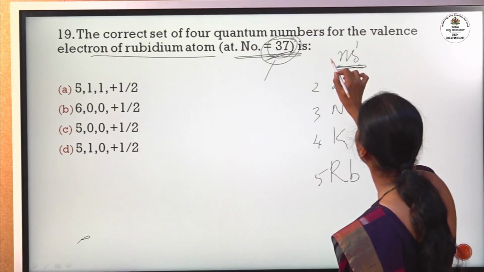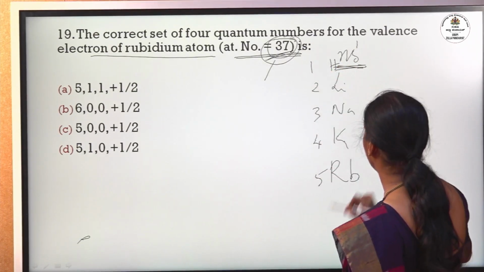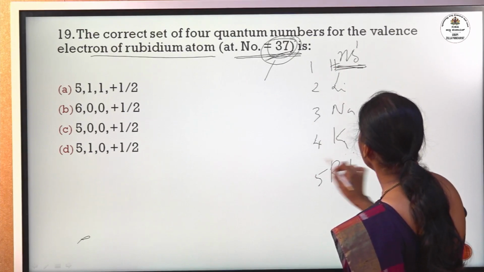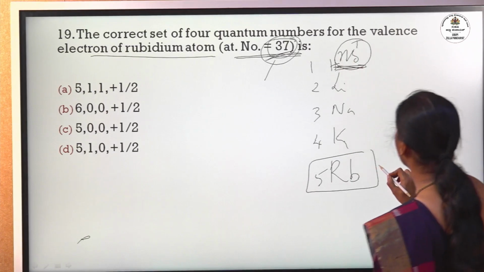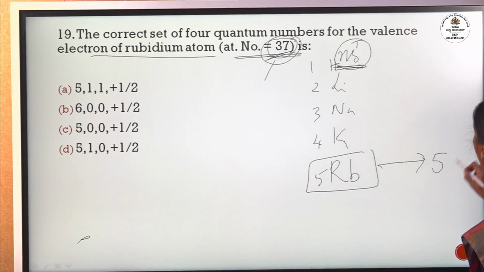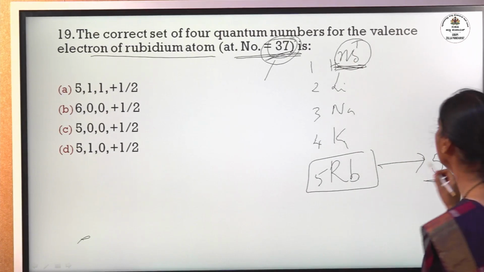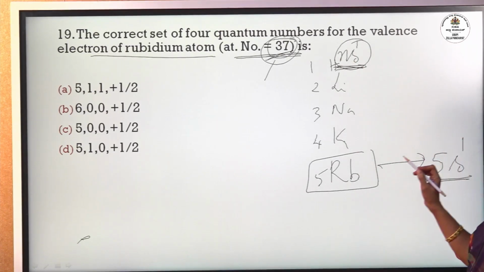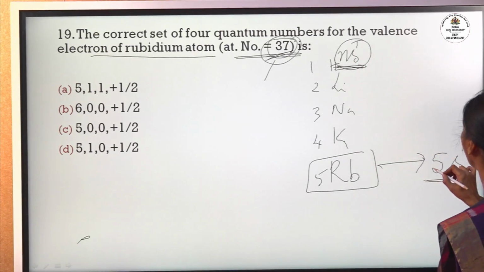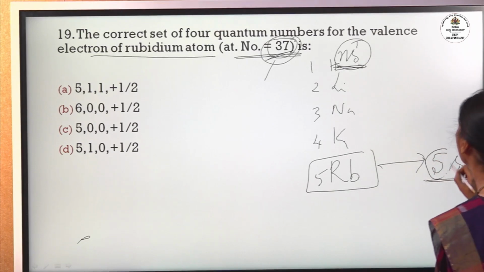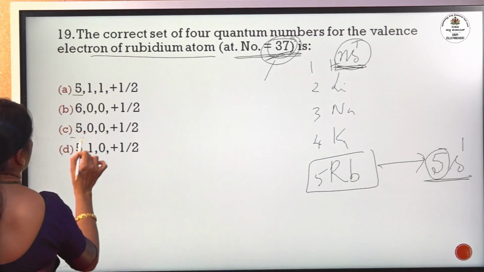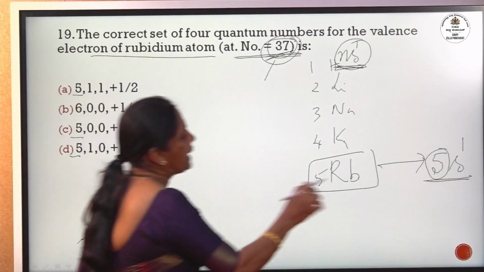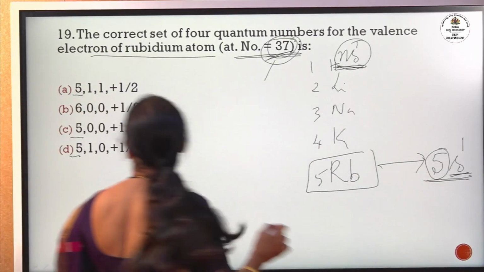Now, this is second period, third, fourth, fifth period. Here we have hydrogen in the first period. Now, since rubidium is present in fifth period, its outer electronic configuration becomes 5s1. So, for this we have to assign the quantum numbers. 5 is the principal quantum number. S is the subshell. l should be 0.